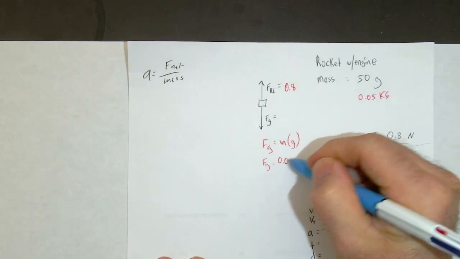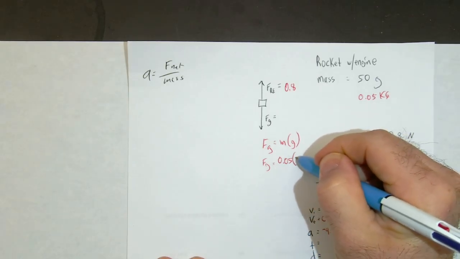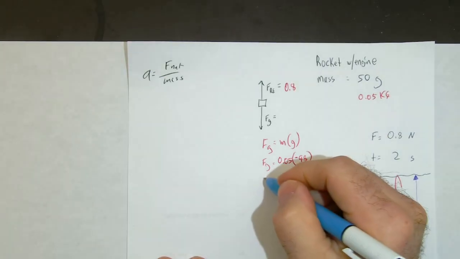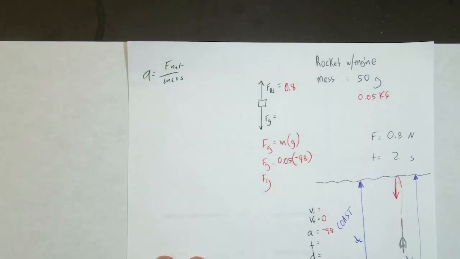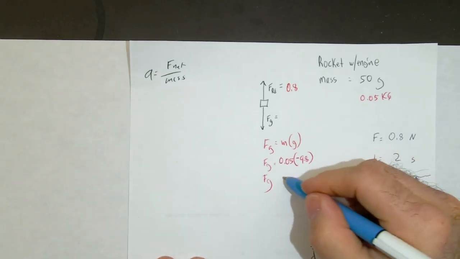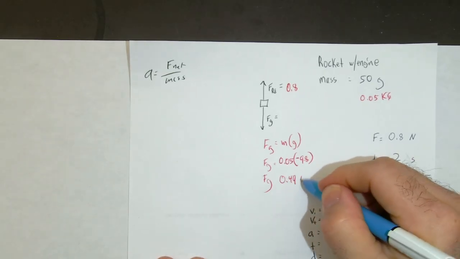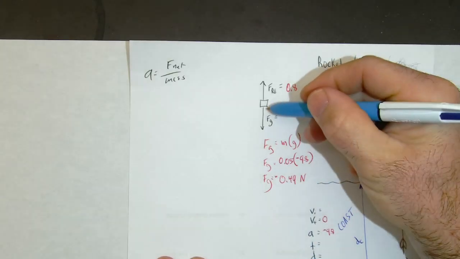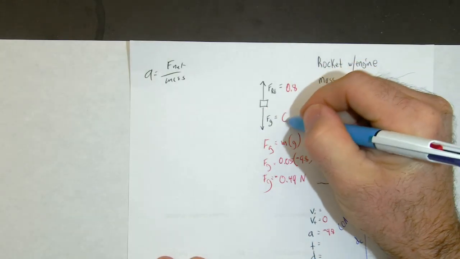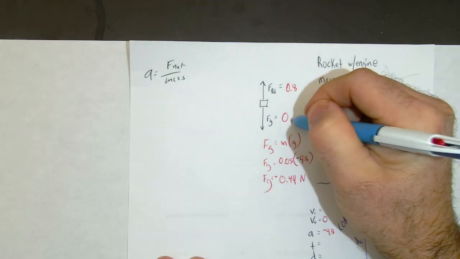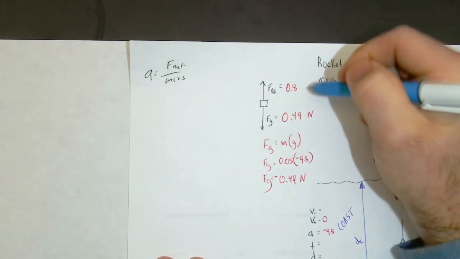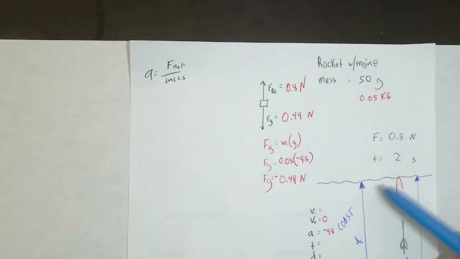So 0.05 times negative 9.8. That's acceleration due to gravity. And so we're going to find force of gravity to be 0.49 newtons. Negative, it's going to be downwards. So this is showing downwards, so I'm not going to show the negative. But that would be 0.49 newtons.